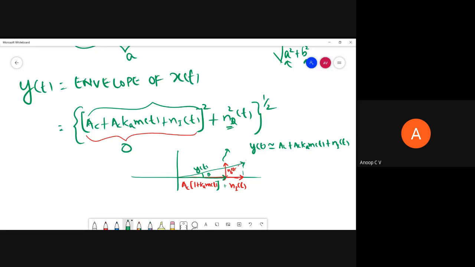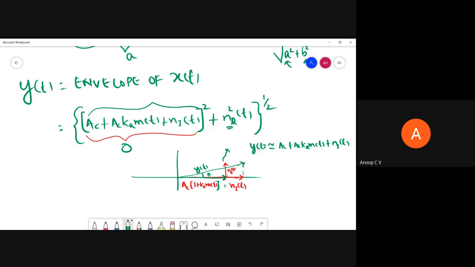So you can see, as this theta is very small, the real part is nothing but y of t cos theta. As theta is very small, cos theta will be almost equal to 1. So this y of t can be approximated as the real part. We can neglect the imaginary part.